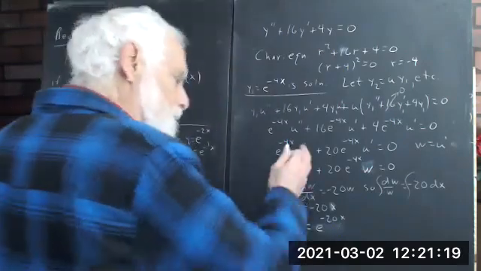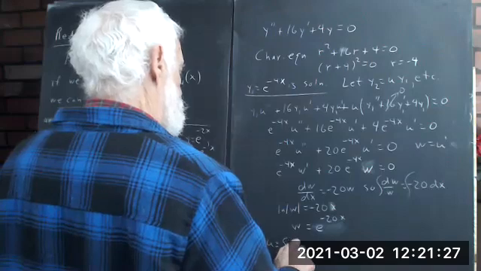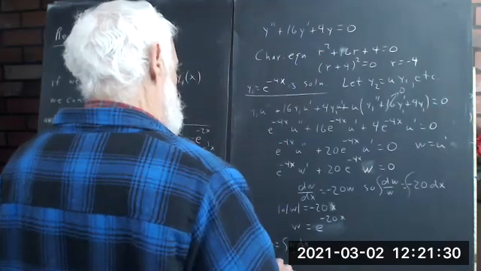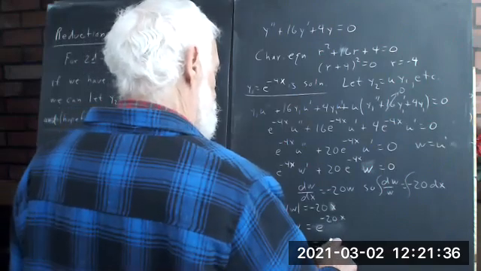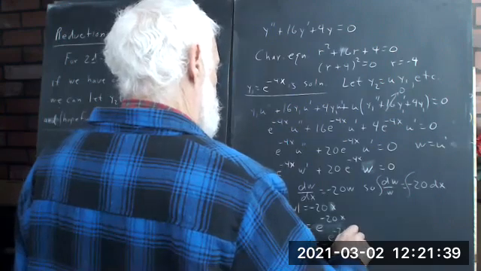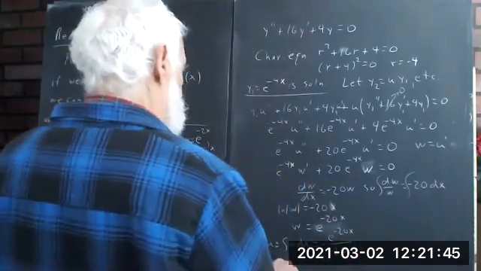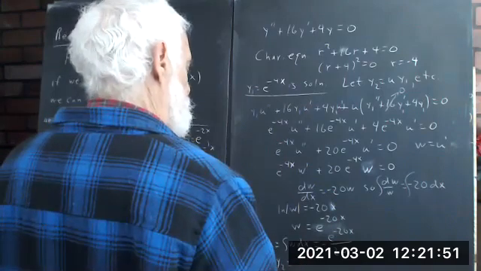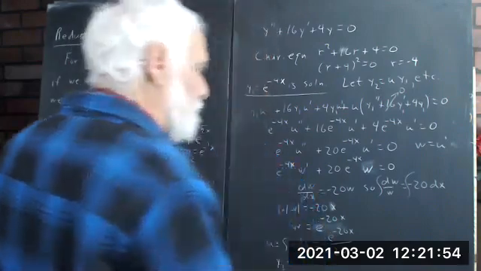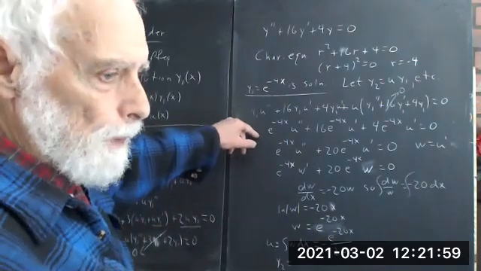But the flavor of the solution goes on, so that you use the integral of w, which will be negative e to the negative 20x over 20, and y2 then is... I've messed up something, probably up here where I tried to skip a step.